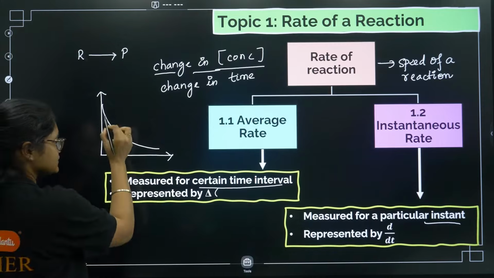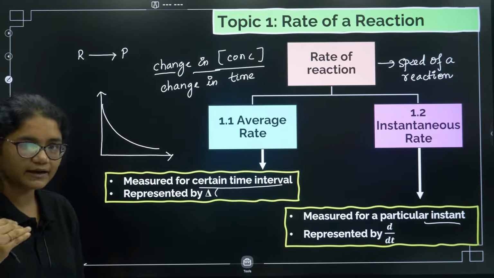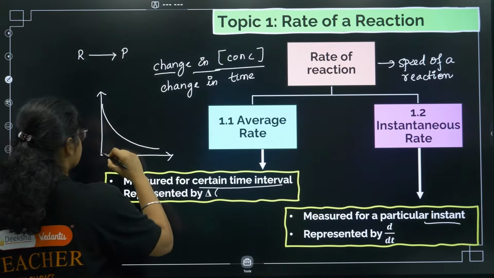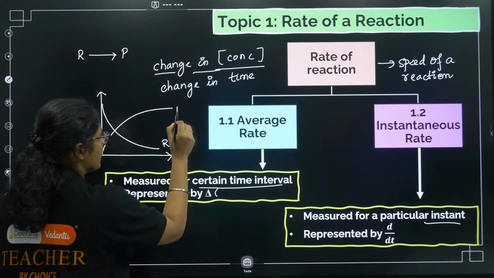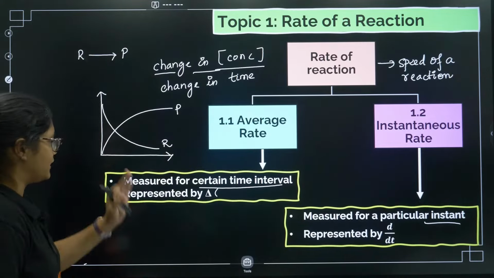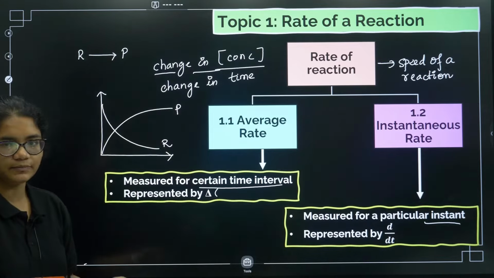With time the product concentration will increase, so the graph should become like this. I can write R here and P here. Reactant concentration is decreasing and product concentration is increasing, clear?